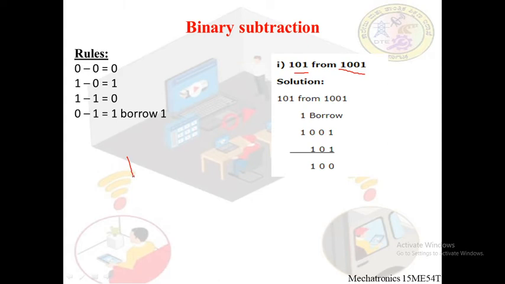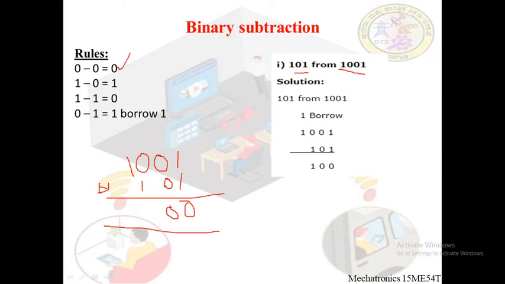We need to subtract 1001. These two has to be subtracted. 1 minus 1, we know from the thumb rules it is 0. 0 minus 0 is always 0.